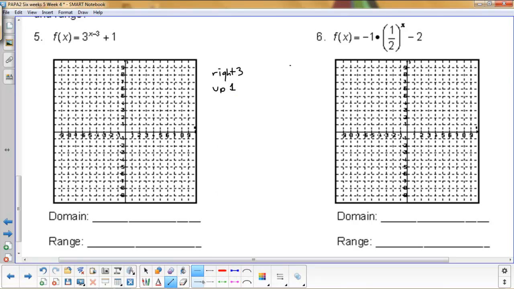That means my asymptote has moved from 0 to 1. That also means that my graph is shifted up 1 unit. So remember, the parent has that critical value at 0, 1. Now it's going to be up to 0, 2 and over 3 units. So that critical value is now here.